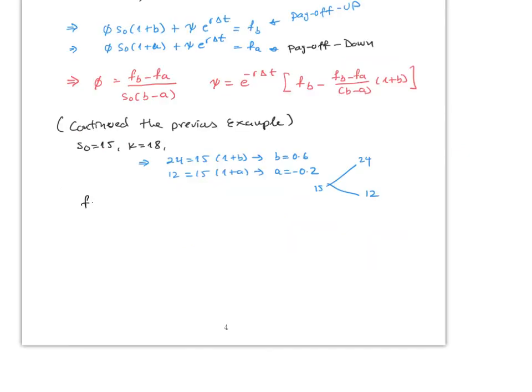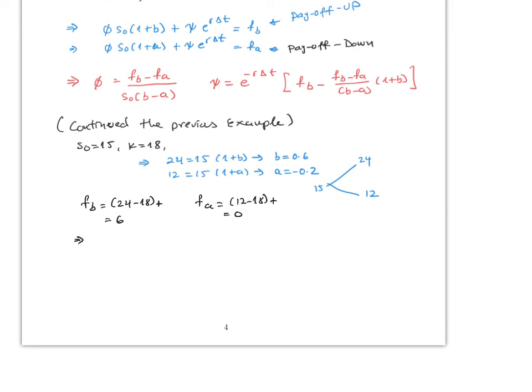So therefore here F of B will be 24 minus 18 plus, which we already know this was 6. And F of A will equal 12 minus 18 plus, which we know was equal to 0.